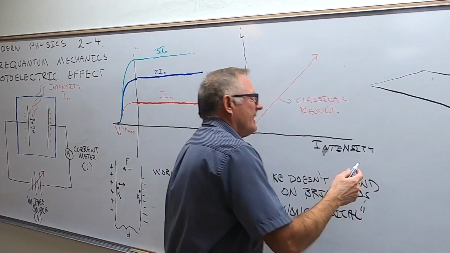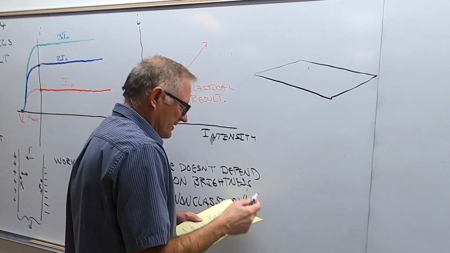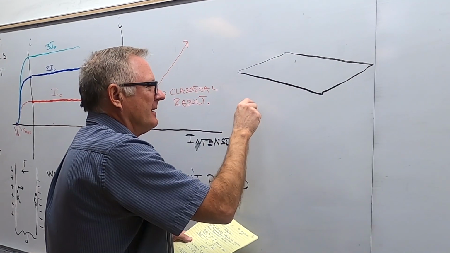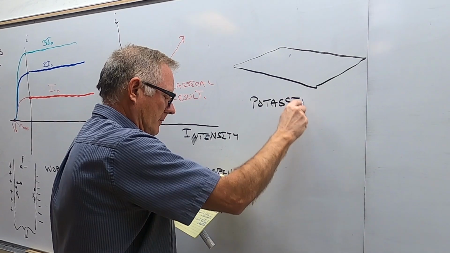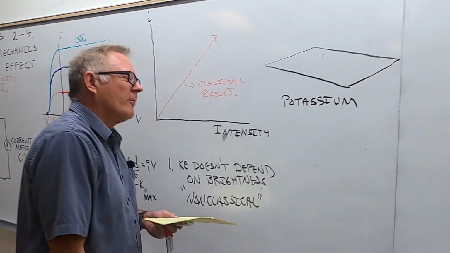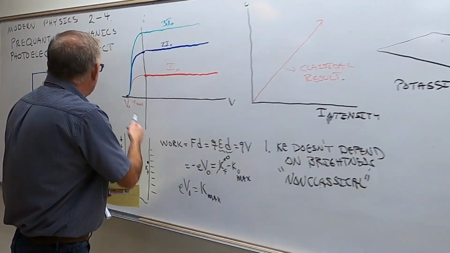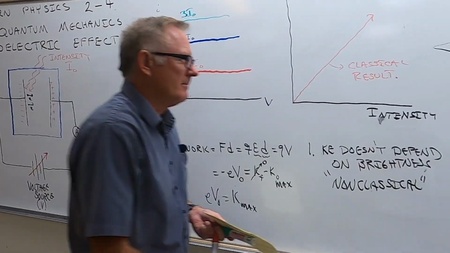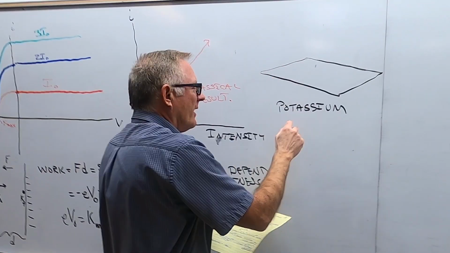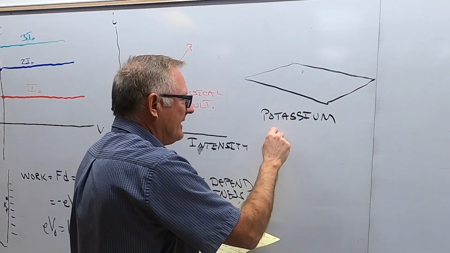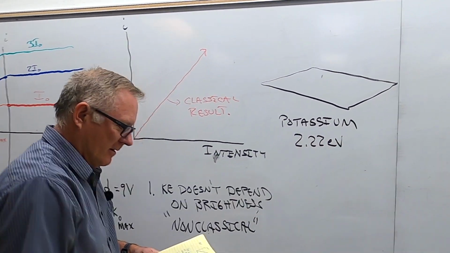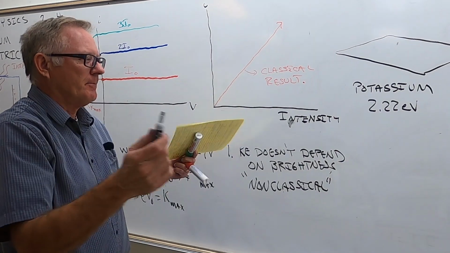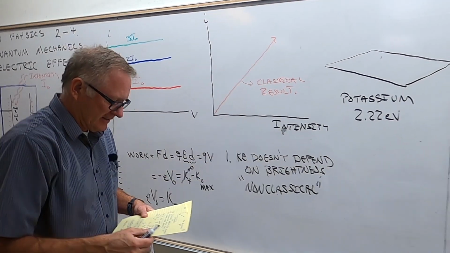Let's say this sheet is made out of potassium. Why? Because I know how much energy it takes to kick an electron off of potassium. To kick one electron off of potassium, it takes about 2.22 eV to free it up.